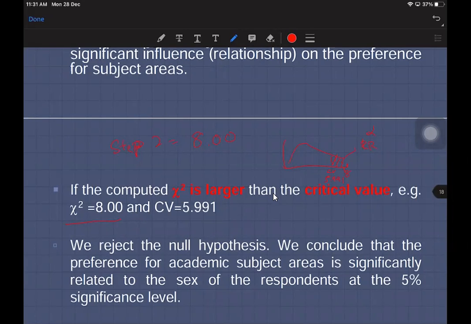Our conclusion will be that we reject the null hypothesis, and we conclude that the preference of the academic subject area is significantly related to the sex of the respondent at the 5% significance level. This is how you make your conclusion in step number 5.